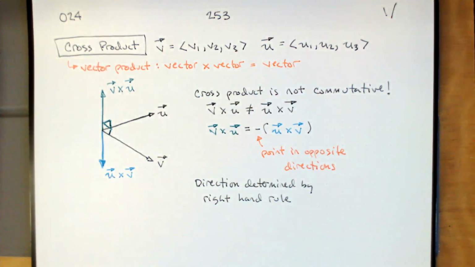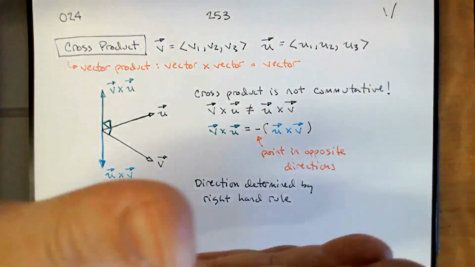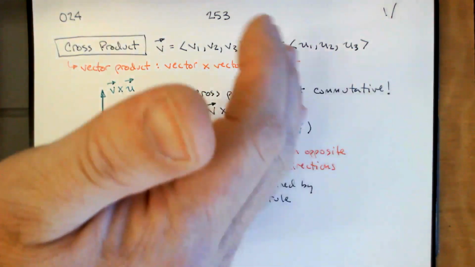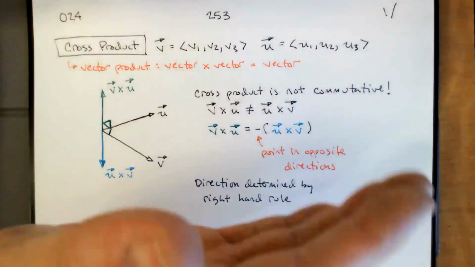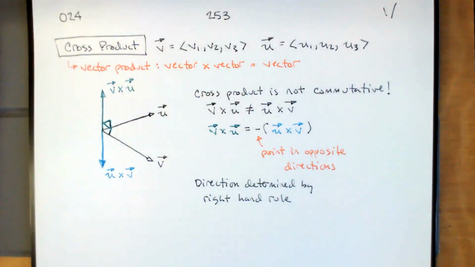You put the fingers of your right hand pointing in the direction of the first vector that's listed, and you curl your fingers toward the next vector by the shortest path, the smallest angle. So to find V cross U, I would point my fingers in the direction of V and curl them towards U the short way. And then the direction of your thumb will indicate the direction of the cross product.